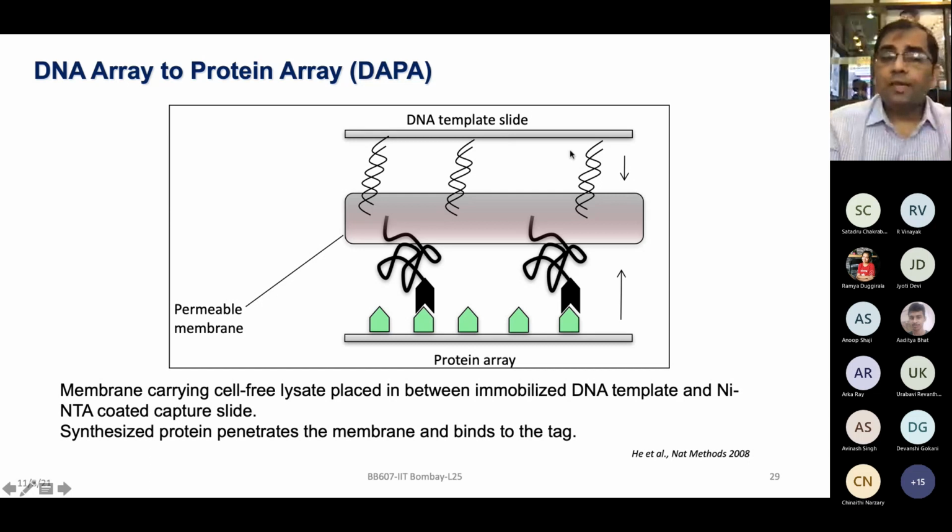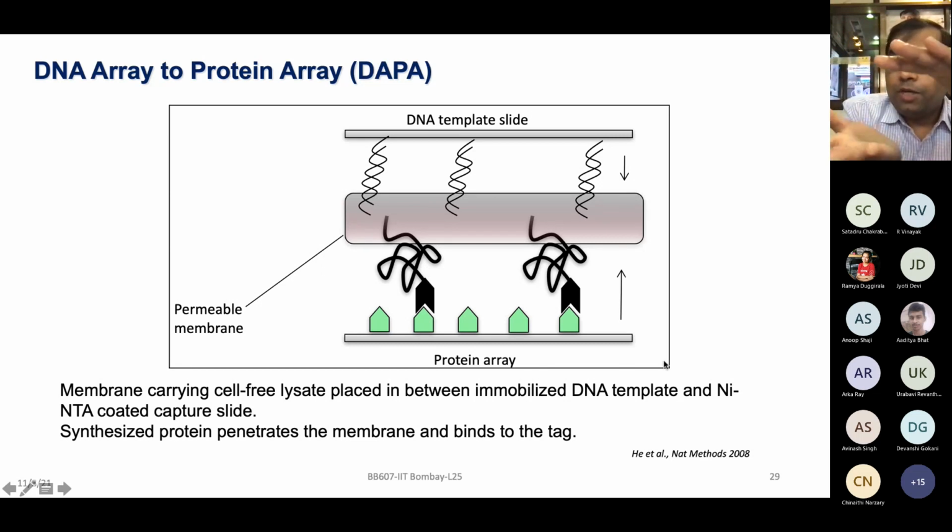In this case, they are starting with one DNA slide, making the proteins after adding the IVT mix, and then they use a permeable membrane through which only the proteins will pass. Therefore, all the DNA which was on the first slide is not going to pass the membrane. Only the expressed protein is passing through that membrane.